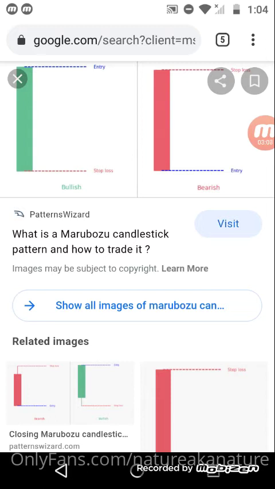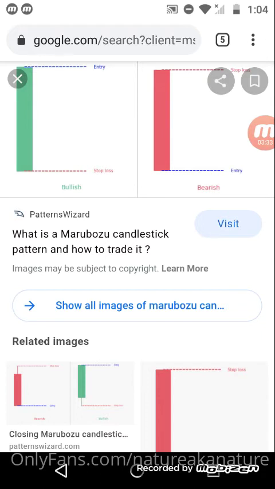To recap, a green Marubozo candlestick has a body with no wicks, no shadows on it, and the open price equals the low price, and the close price equals the high price. It's a long, very bullish candlestick, meaning it's going up.